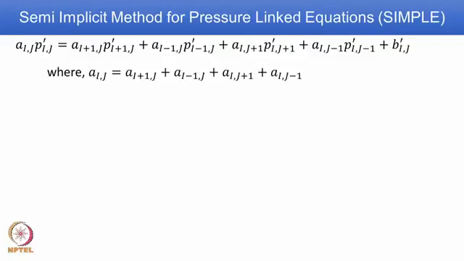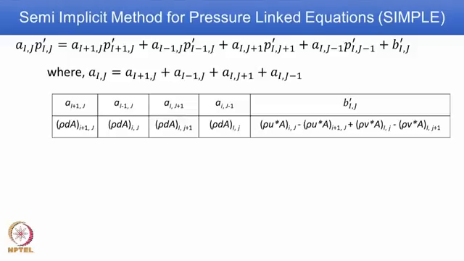I rewrite that equation in the standard form a i comma j as shown here, and this is the procedure that we have followed whenever we did the finite volume procedure. The neighboring node coefficients are separately written, and the point of interest source term appears as shown here. We have used the u star expression here, and u star, v star, as we explained before, is a guessed velocity field.